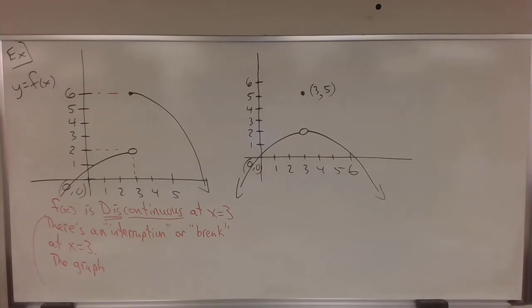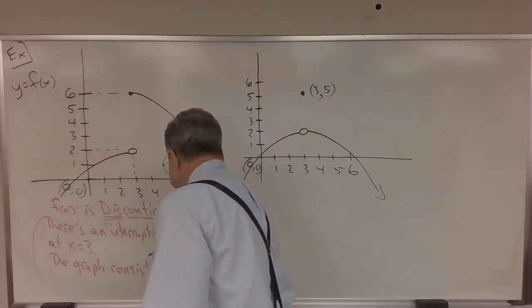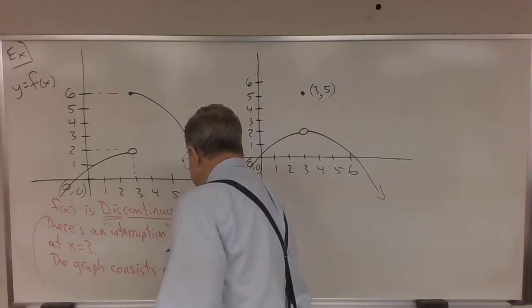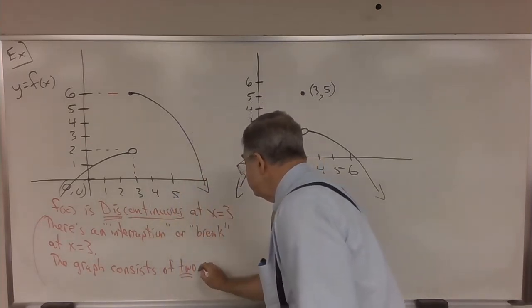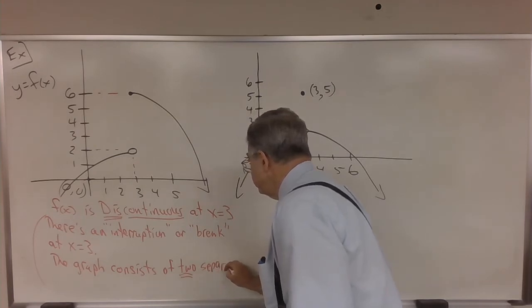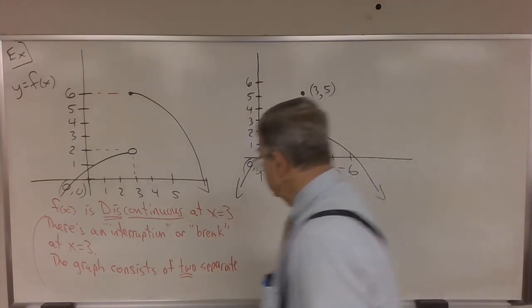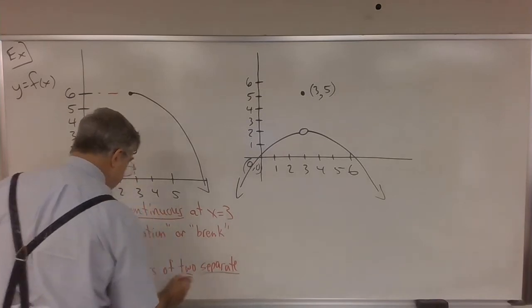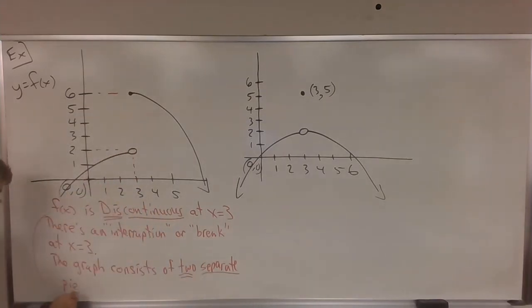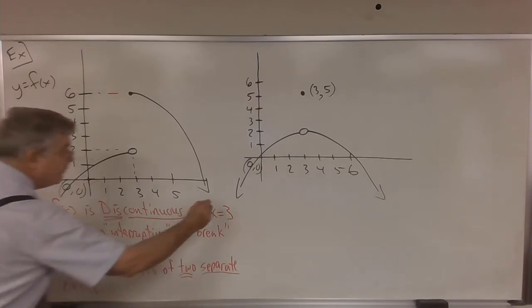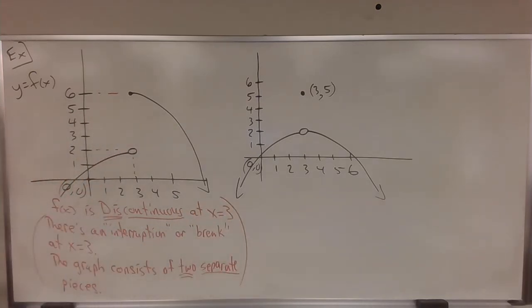So the graph consists of two separate pieces. So either one of these answers is a good justification for saying that f of x is discontinuous.